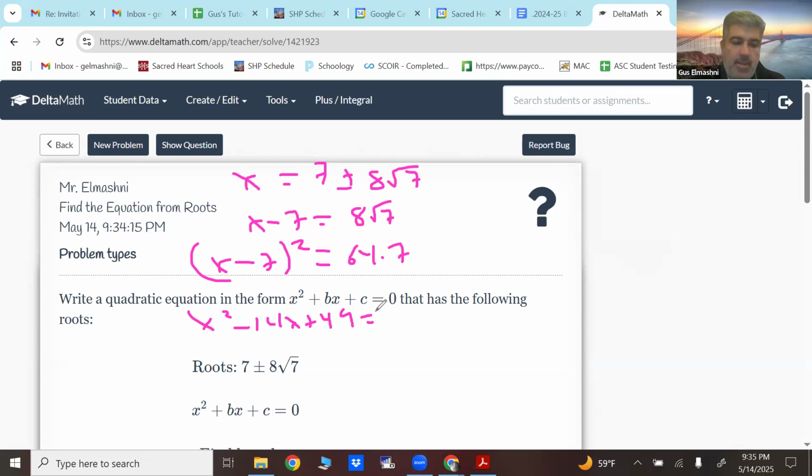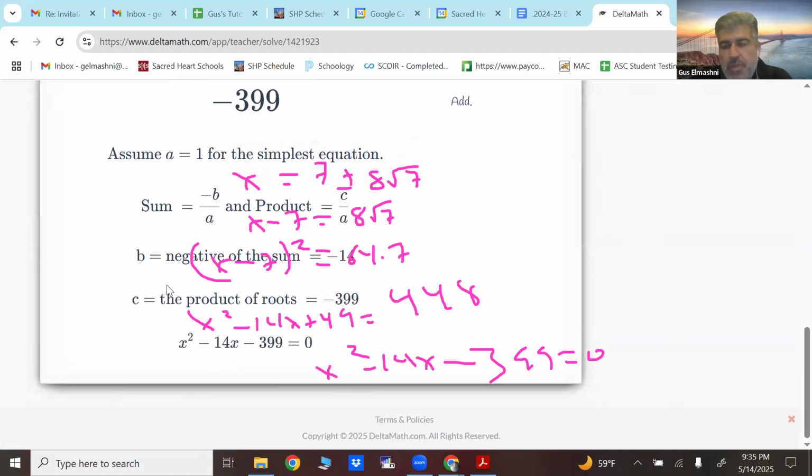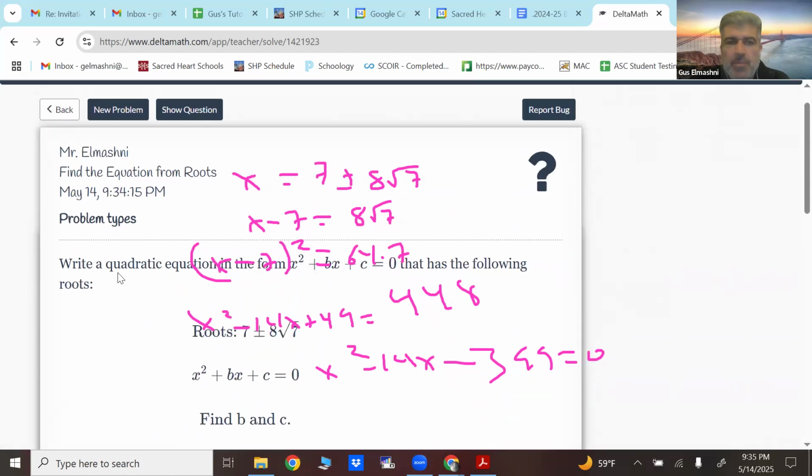Whatever that is. 64 times 7, that's 448. Move it all to one side. That'd be -399. And that'd be the equation it comes from. So that's what I recommend you guys do.